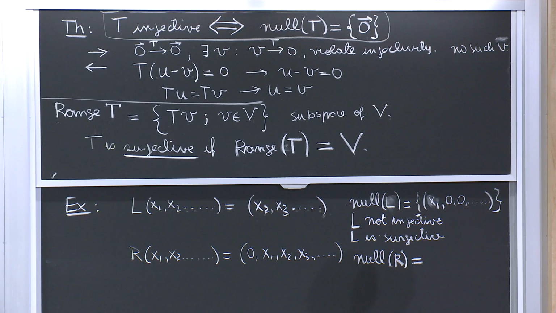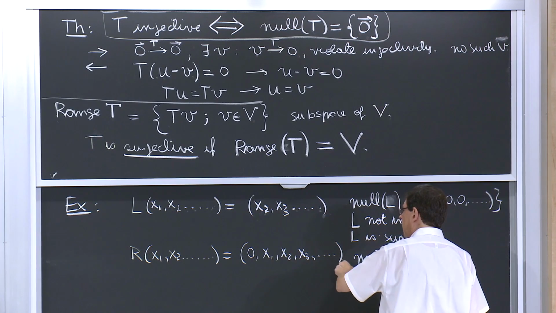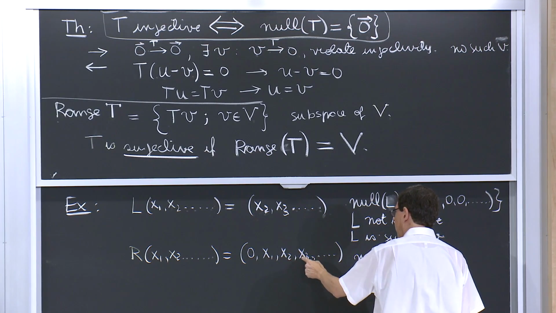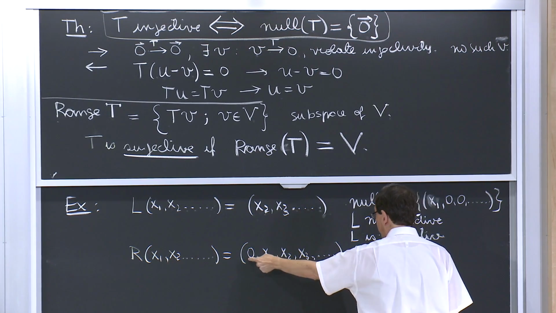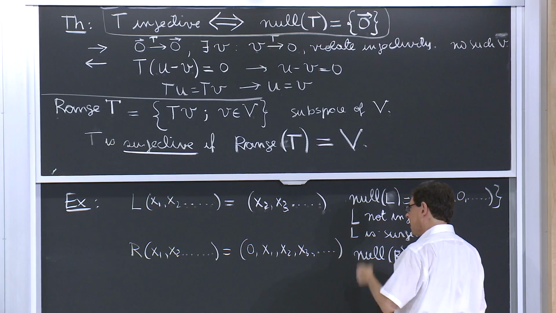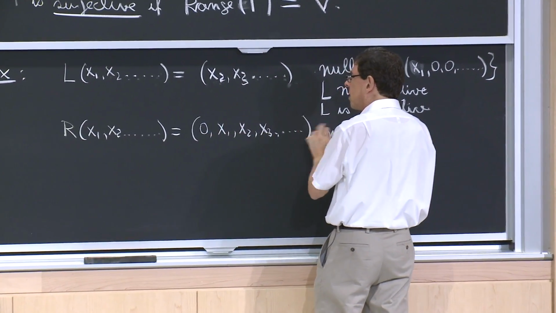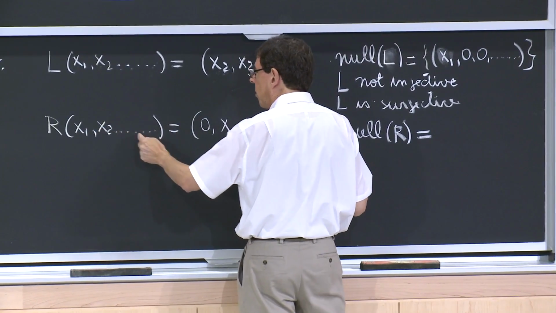The null space of R is those vectors that get mapped to 0. Everything here must be 0. So if this is 0, all these numbers must be 0. Because the null space are the vectors that get mapped to 0, if these are 0, well, x1, x2 all are 0.